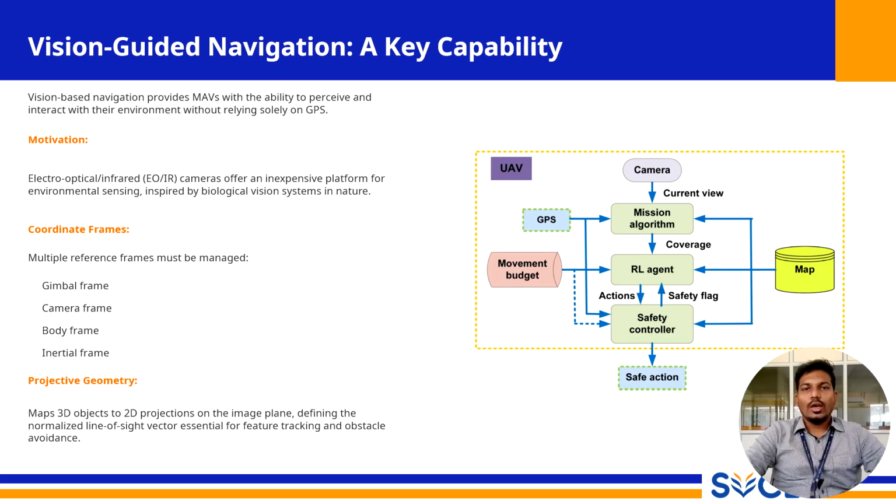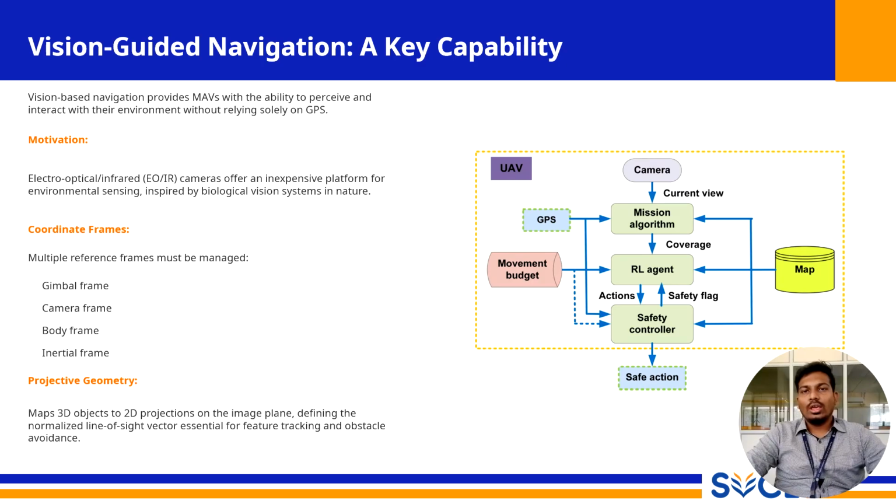While GPS has been a revolutionary tool for MAVs, it has its limitations. It can be blocked by buildings, jammed by interference, or may simply be unavailable indoors. This is why the next frontier in drone autonomy is vision-guided navigation.